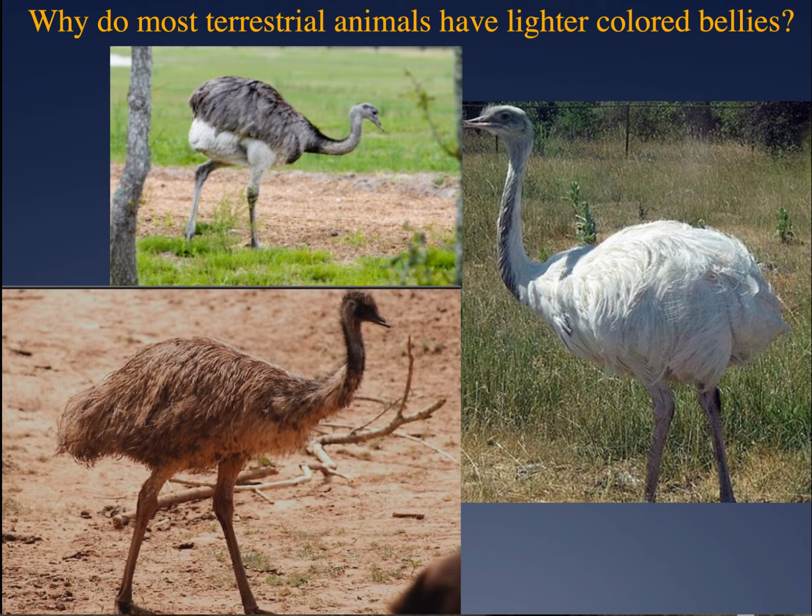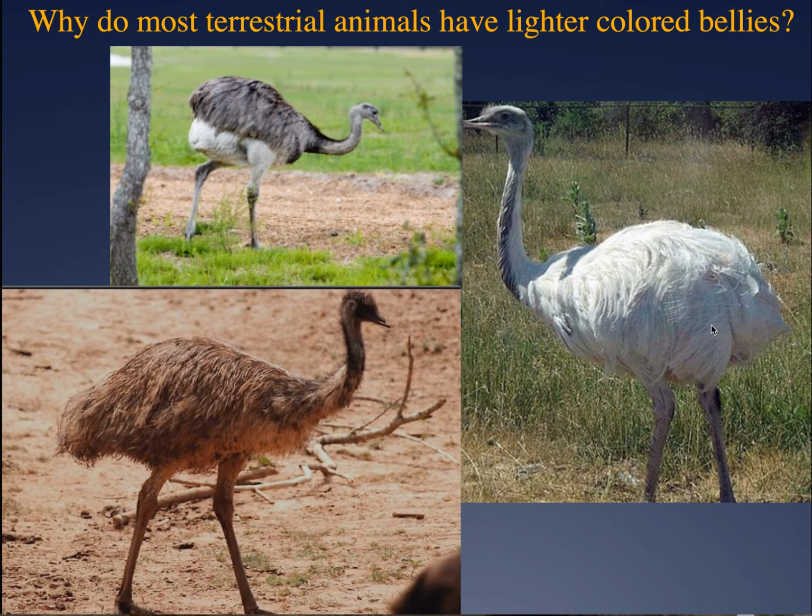And the answer largely has to do with taking a look at this critter over here. So this is an evenly colored white, I don't know, ostrich. And when the sun comes down on its back, it casts a shadow on this side of the body. And that shadow tells us something about the three dimensions of the critter.